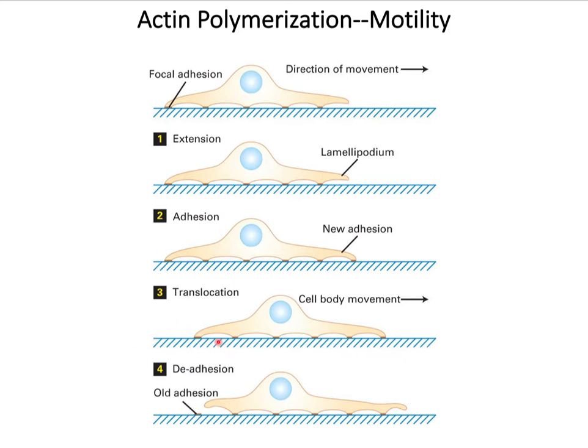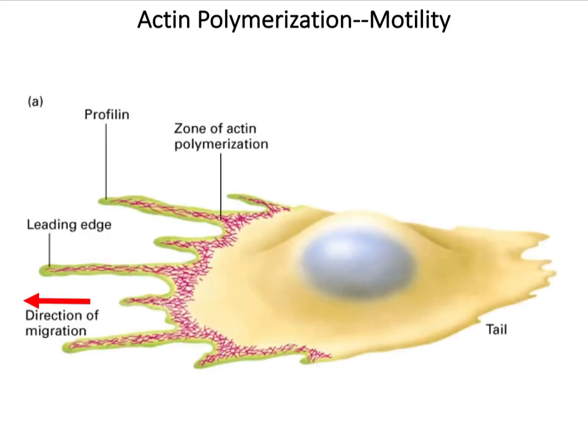So the polymerization of actin and this actin treadmilling is really important in the first step, the extension of the membrane. So here is another way to look at it. Here is another motile cell. It looks like a fried egg. Anyway, in this case, it is moving from the right towards the left, like the arrow. You can see the zone of actin polymerization shown here by all of these pink fibers.